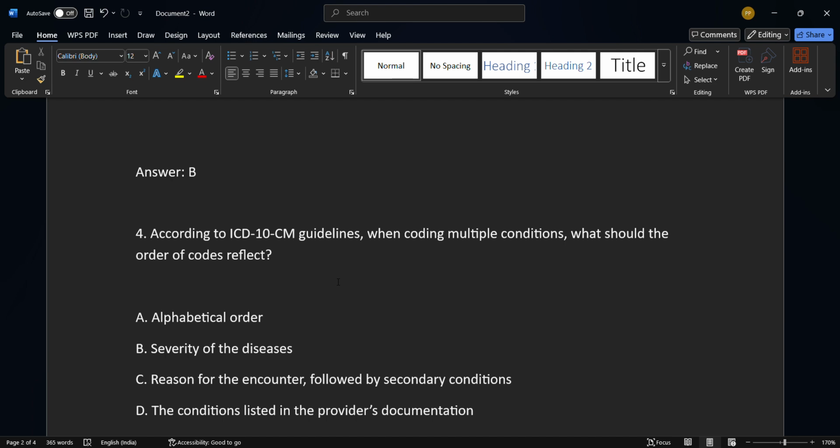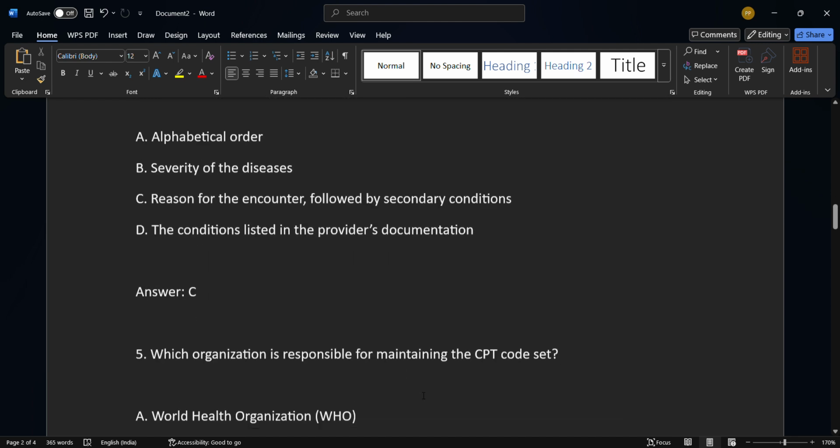When coding one, two or multiple conditions, the first code will be the reason for the admission or the encounter. It becomes the primary code, and the secondary codes are the other conditions. So the right answer is option C, reason for the encounter followed by the secondary condition.